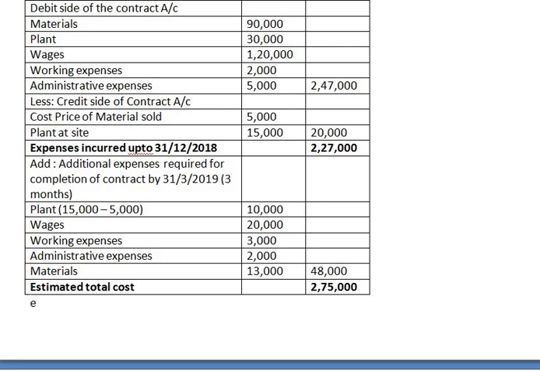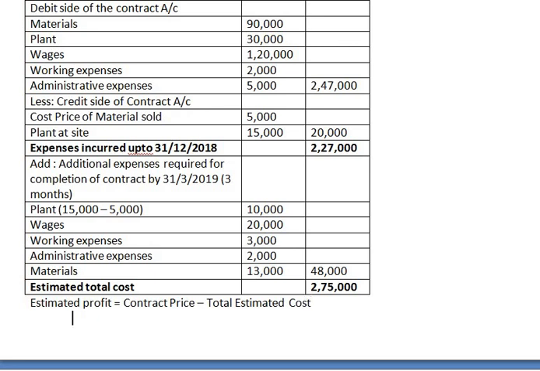Now you can write estimated profit is equal to contract price minus total estimated cost.